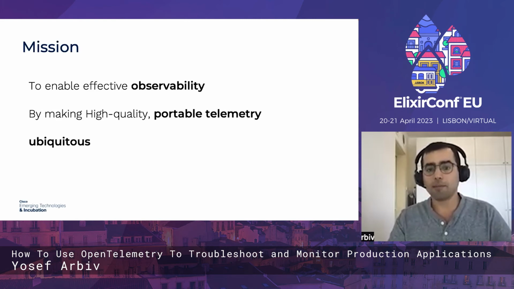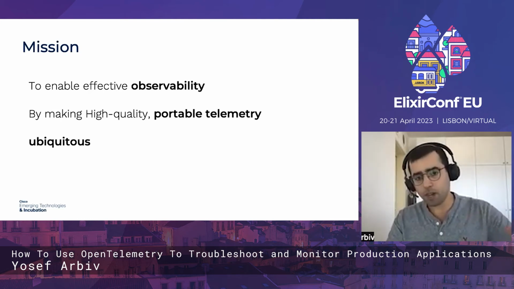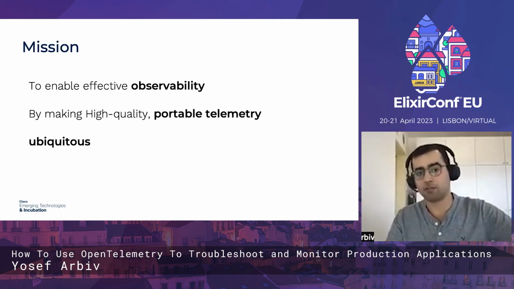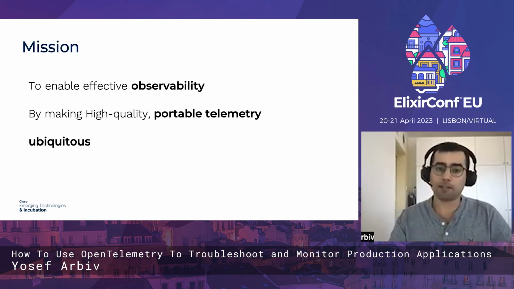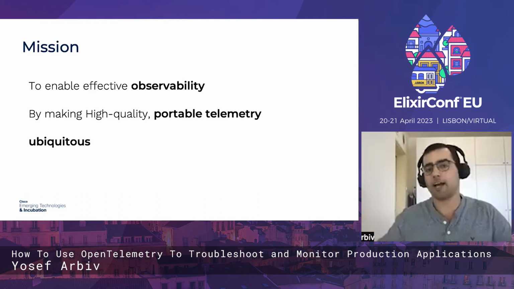So OpenTelemetry tries to be a vendor neutral way to produce telemetry data, mostly metrics, logs, and traces. In the future, we hope to expand to more kinds of telemetry data. But it tries to be a standard way of building this data and sending this data and representing this data in any kind of application that we have.